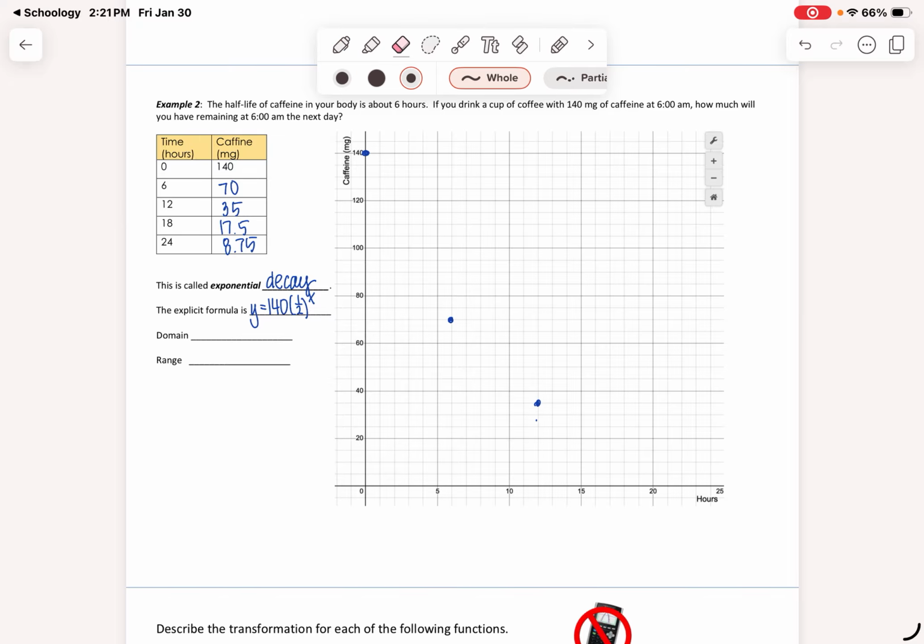Let me erase this little dot here that happened too. Okay. 18, 17.5, so 18, and that's 10, 15, 17.5, and then after 24 hours, we are at 8.75, so like there-ish. Okay, I'm going to start here, and then this is going to continue on, go forever.